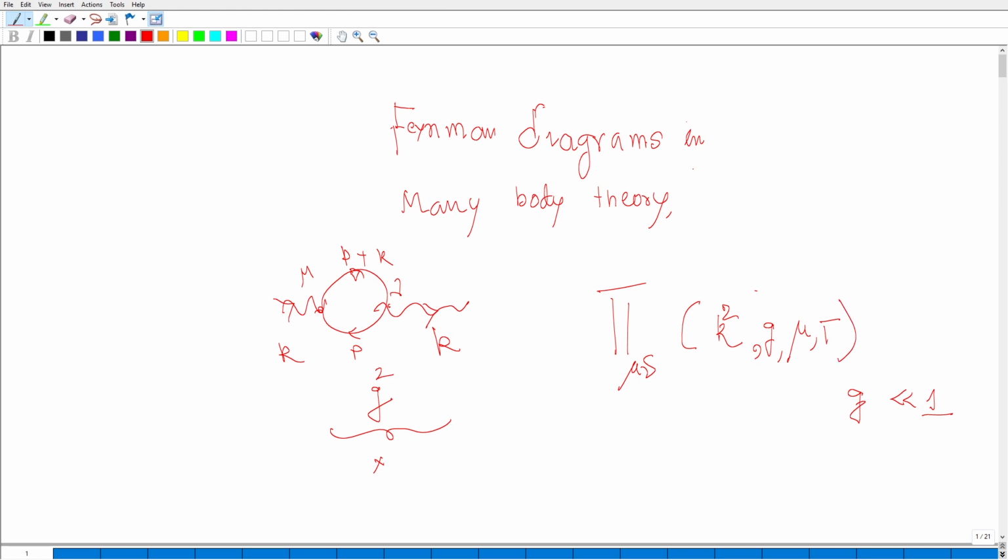If this phenomenon is happening in an external field, then one should also consider the effect of the field while estimating this quantity pi mu nu.